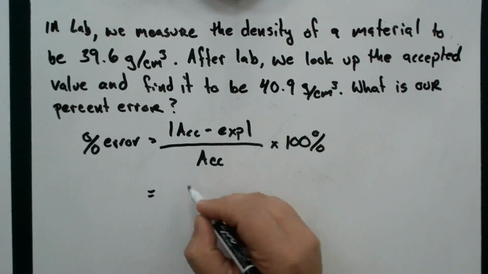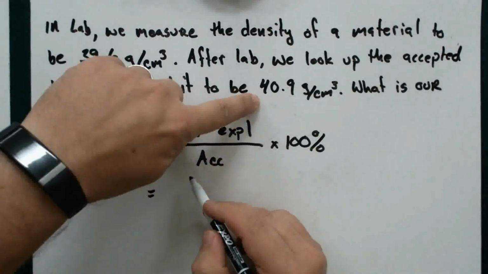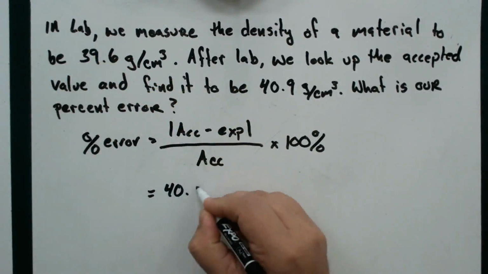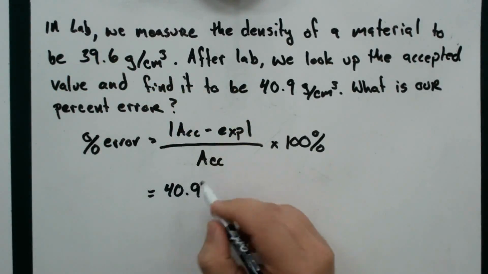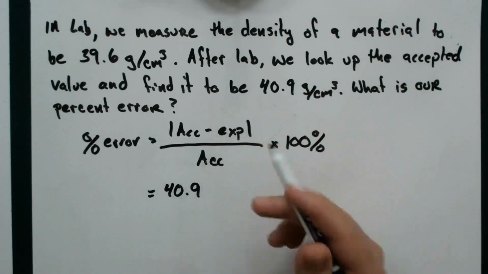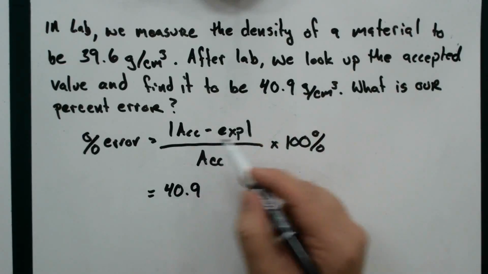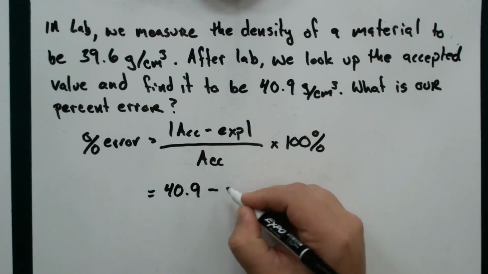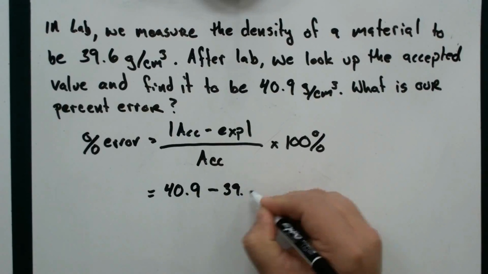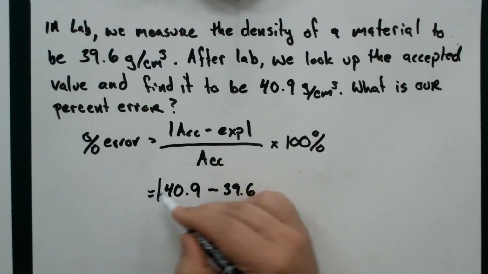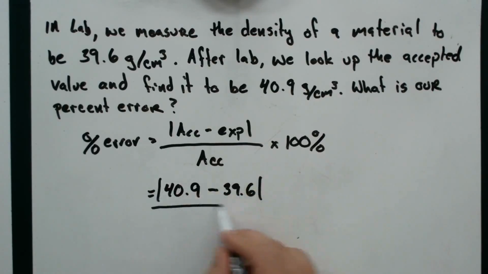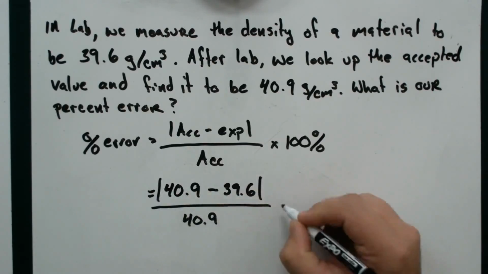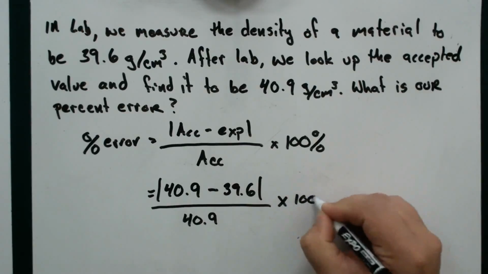My accepted value is 40.9, not 40.09, 40.9. All the units are going to be the same, so I'm going to leave them off because they cancel out anyway. So I have 40.9 minus 39.6, absolute value, divided by my accepted value again, which is 40.9, and then times 100.